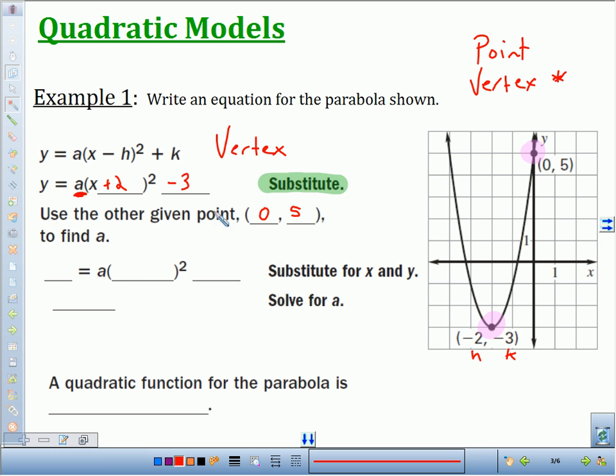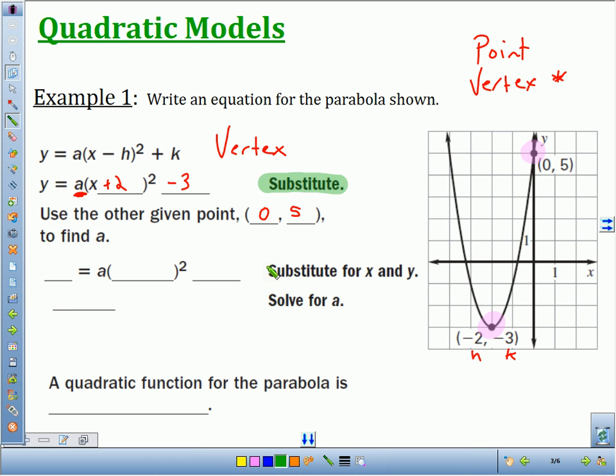To find a, after we substitute in our -2 and -3, we use the other point. Of course, we know that this is x and y. So we're going to substitute in the point (0, 5) for x and y. That would be our next step.